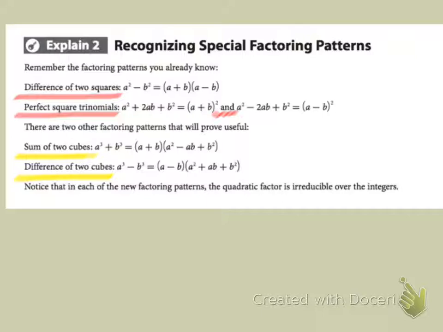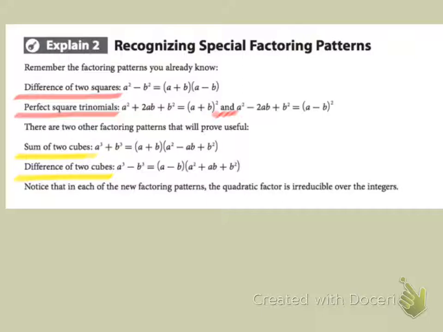The only difference would be in how you factor it. You'll end up with two identical binomials that you can write as that binomial squared. So, for instance, if you had a squared plus 2ab plus b squared, when you factor it, you'd get (a plus b)(a plus b), which is (a plus b) squared. And alternatively, if the middle term is subtraction, you'd get (a minus b) squared.